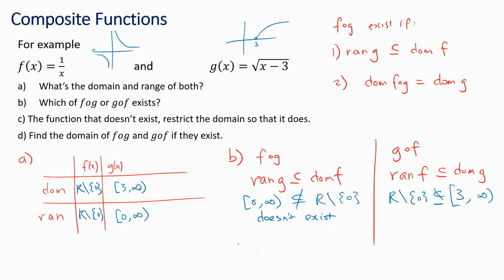For this one to exist, change the domain of g to now not include 3, so 3 to infinity excluding 3. If you change it to not 3, then you won't have 0. If you won't have 0 here, that's now a subset. So you can see how changing the domain affects the range, and the range is then fitting this.